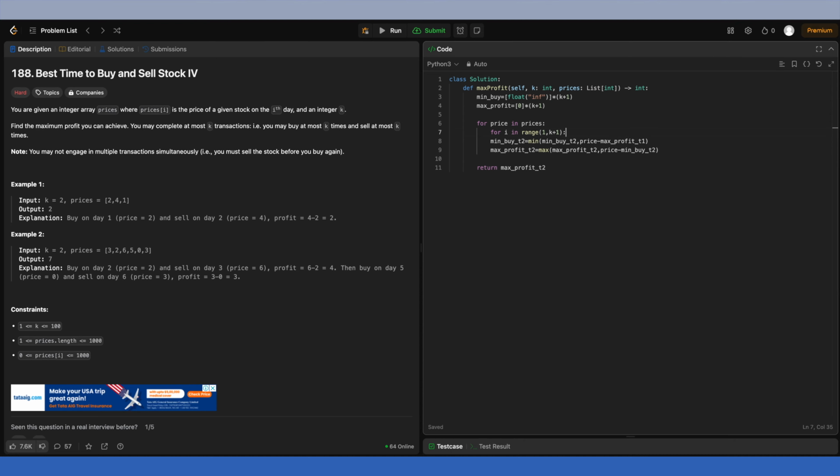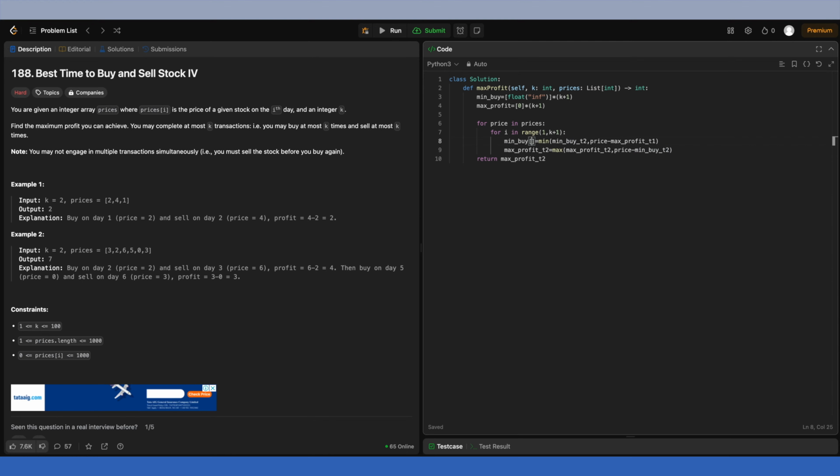Then this part we can keep over here, and remove the extra space. Now, what will be the minimum buy of the second transaction?